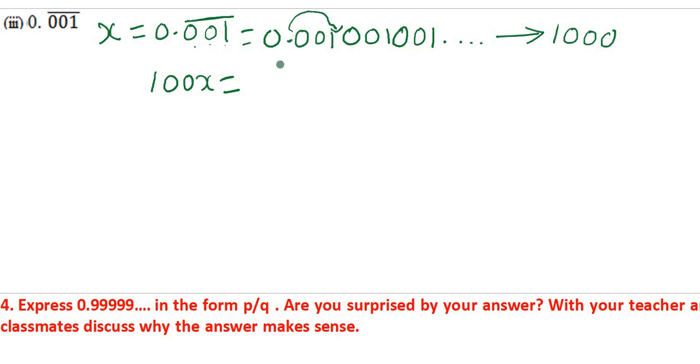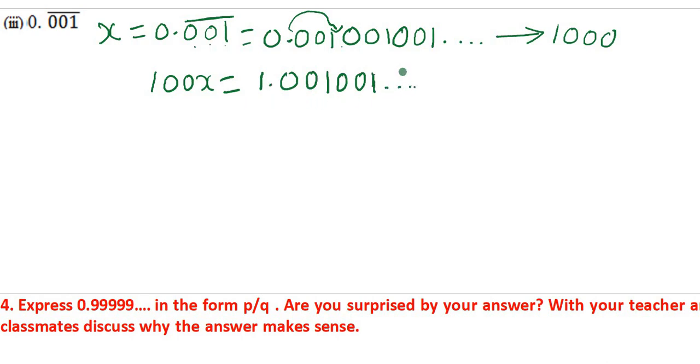So it moves 3 places here and it becomes 1.001001. We can eliminate these zeros: 1.001 001.